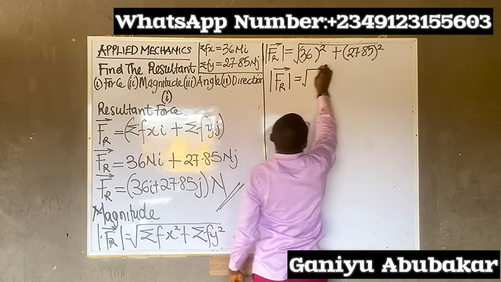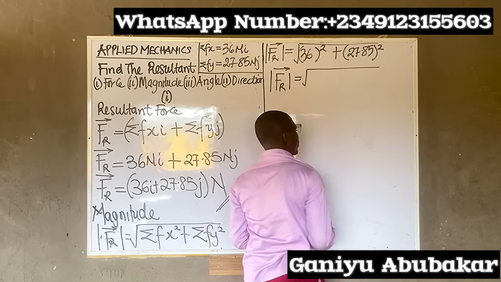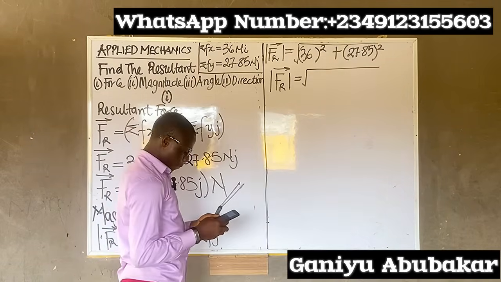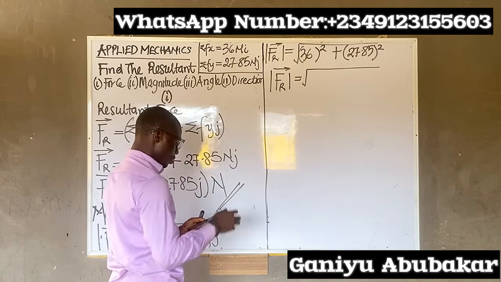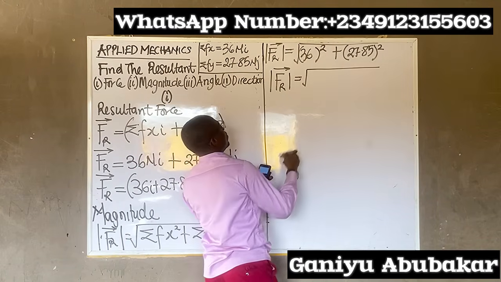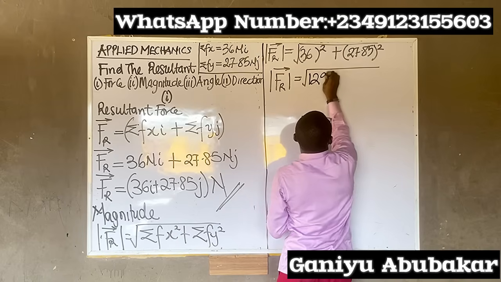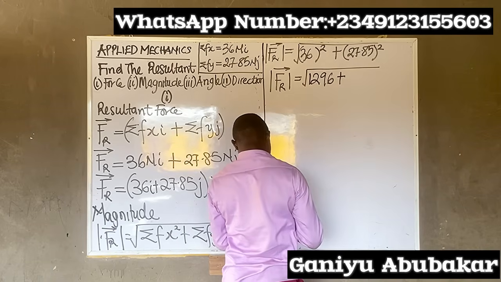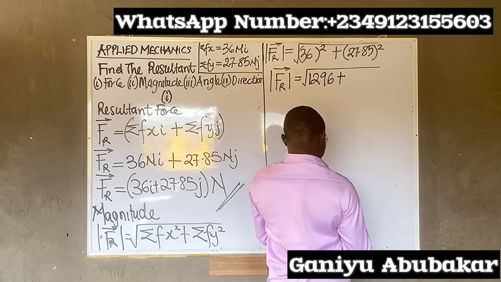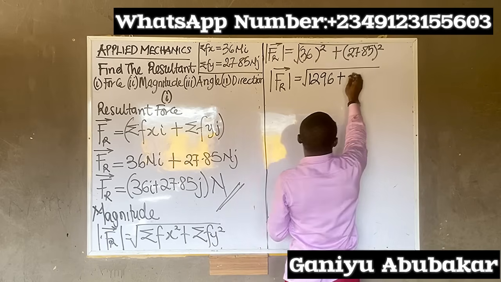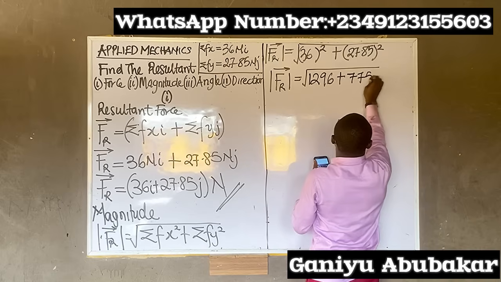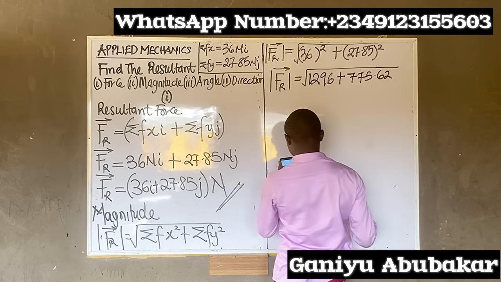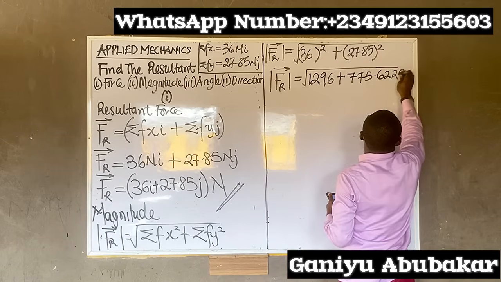The magnitude of the resultant force is equal to the square root of 36 squared, which gives what value there? 36 squared, that's 1296. 1296 plus 27.85 squared, that gives 775.6225.